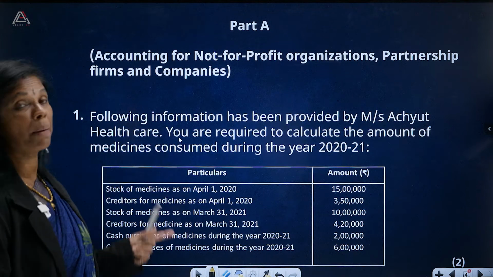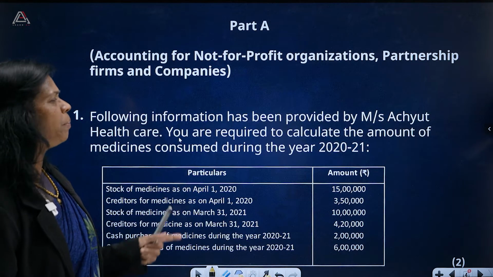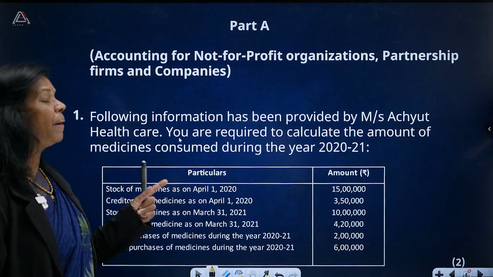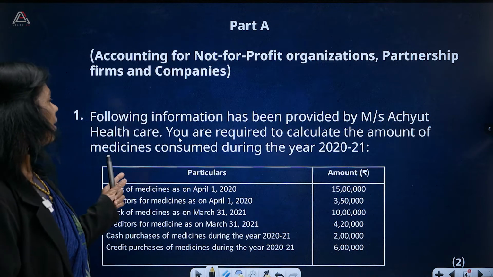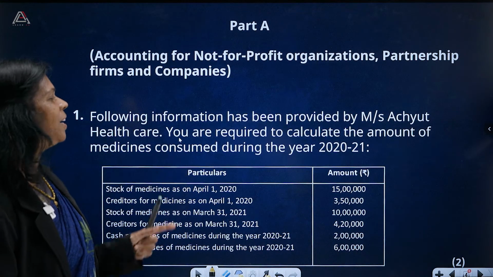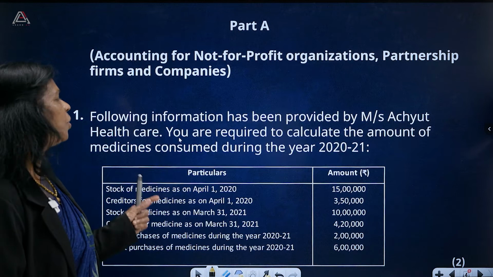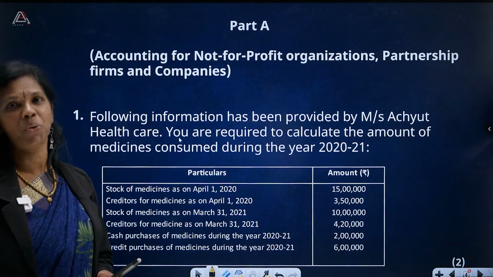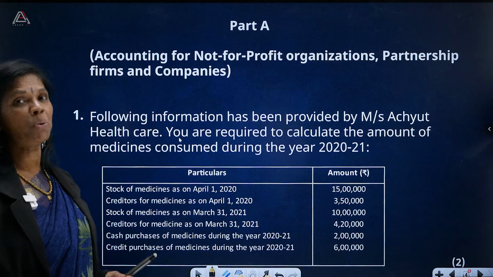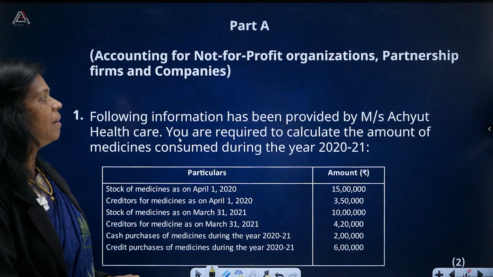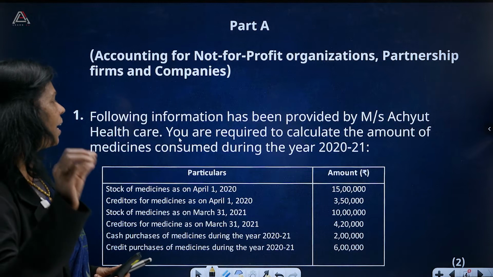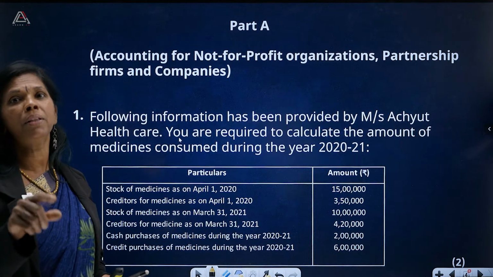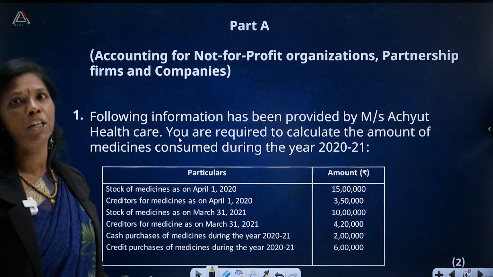Let us see question number 1. The following information has been provided by Messrs. Acute Healthcare. You are required to calculate the amount of medicine consumed during the year 2020-21. Try to understand the question first. Then, what is the question? You are required to calculate medicine consumed during the year 2020-21.